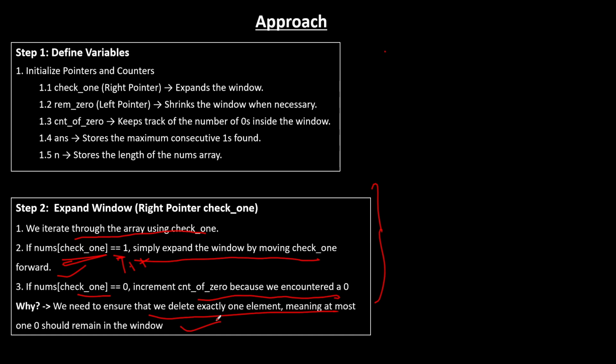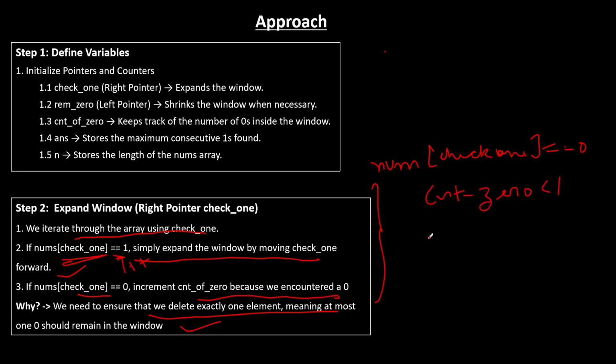Now, what is this saying? If nums[j] is zero, you also have to keep in mind that the count of zero variable is less than one.